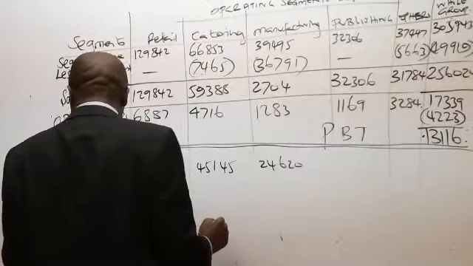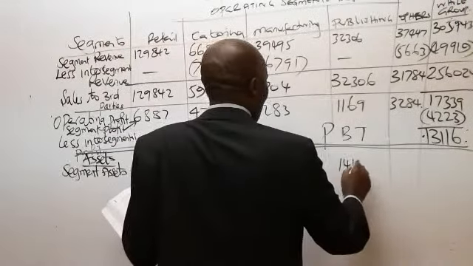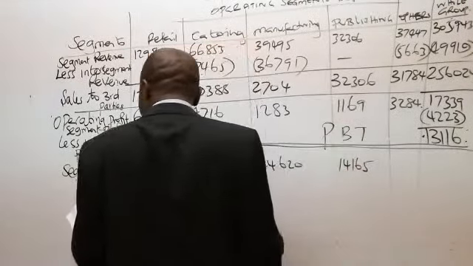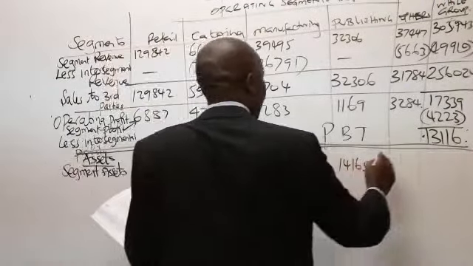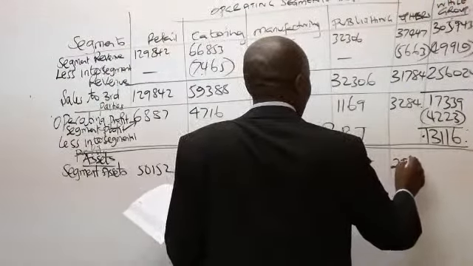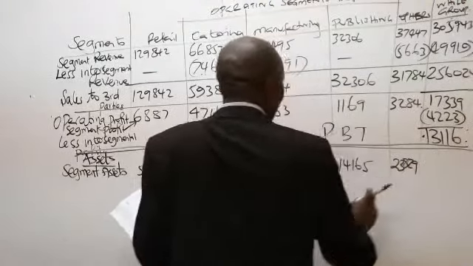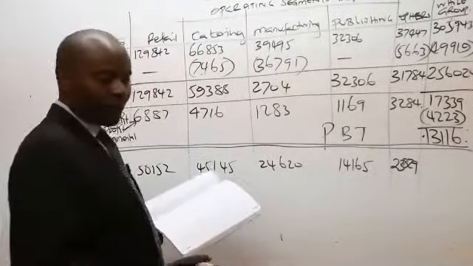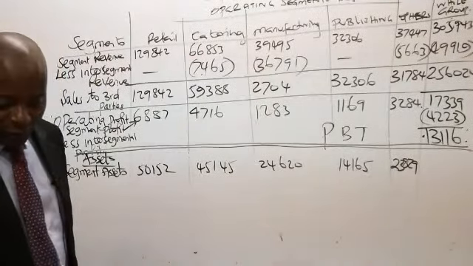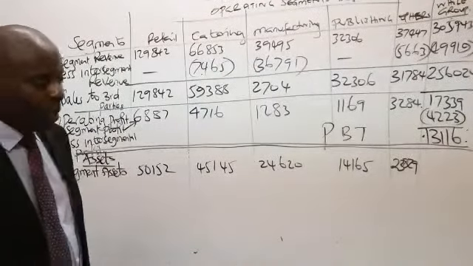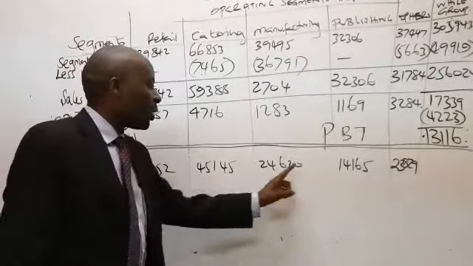Then we have 14,165. Then we have 23,829. So could you kindly give me the total assets from the perspective of the whole group? Please add them up.